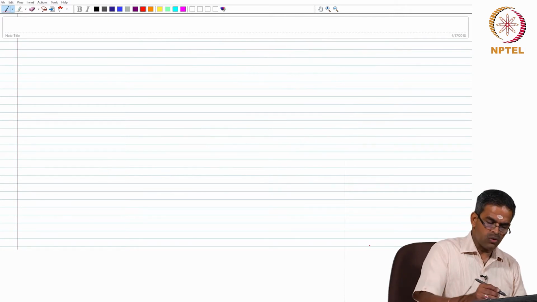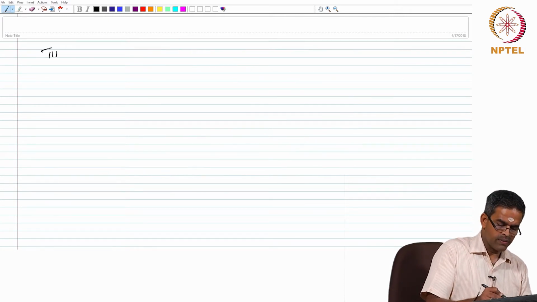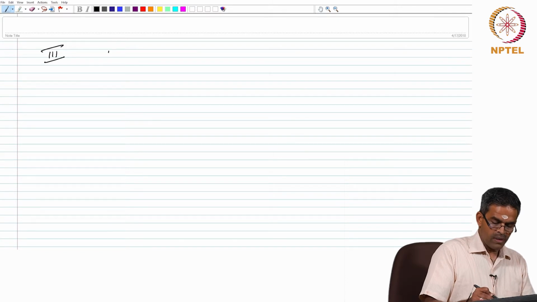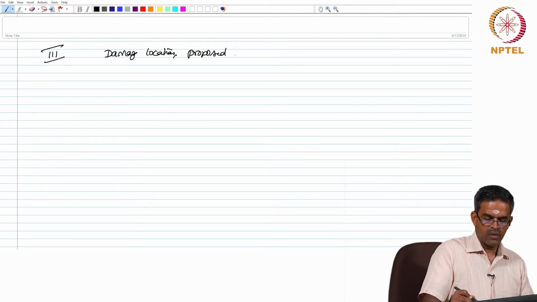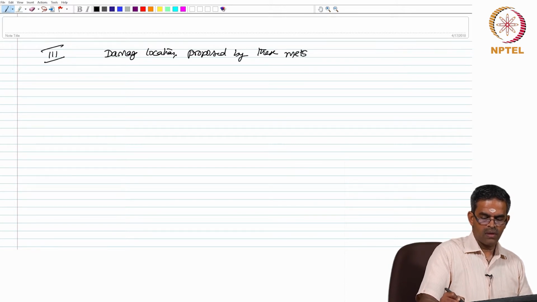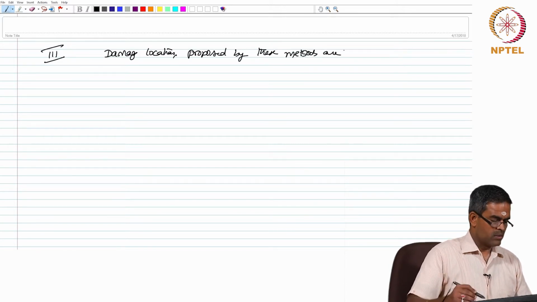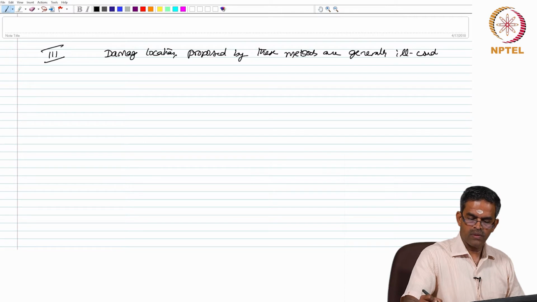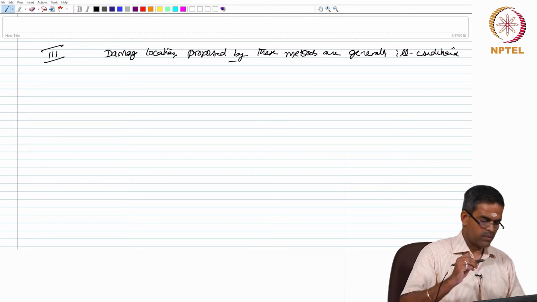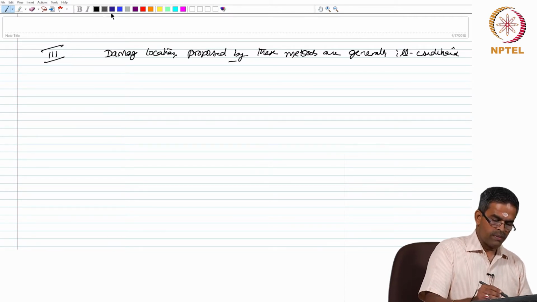The third issue which we have here, damage location proposed by these methods are generally ill conditioned. What does it mean?